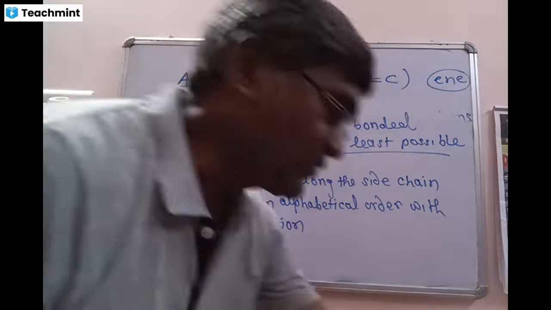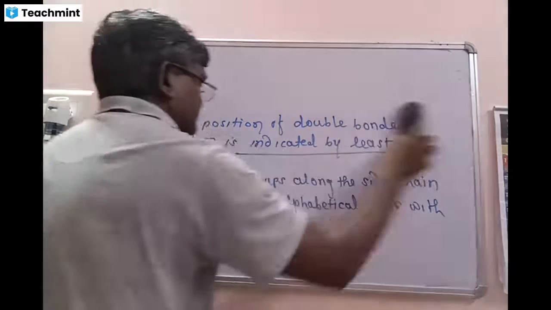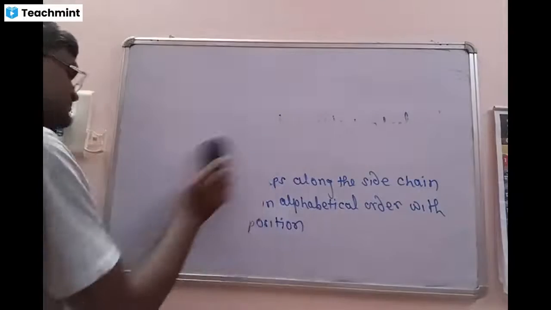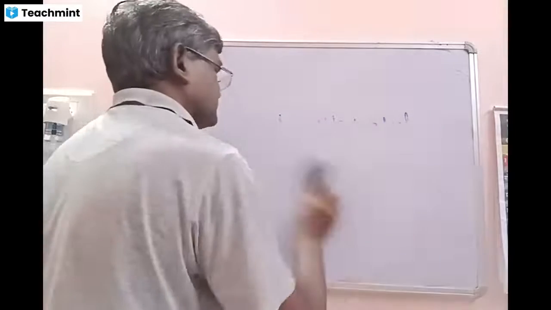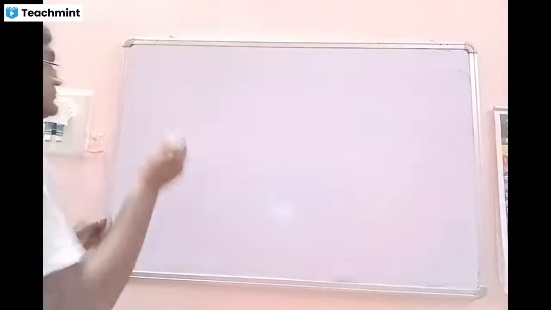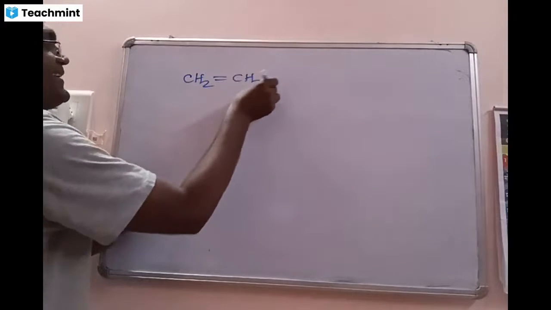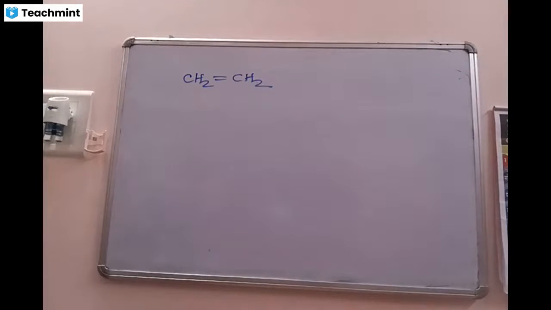Got it? Now we'll go for the example. Select the longest chain containing the highest number of carbon atoms. How many carbons? 2 carbons. So what should be the name?